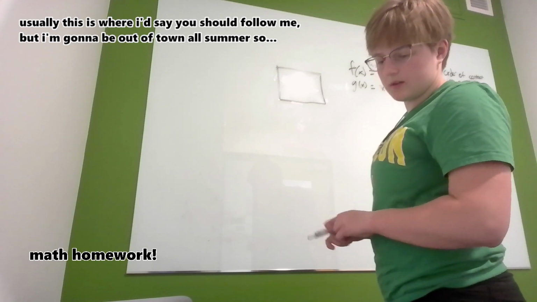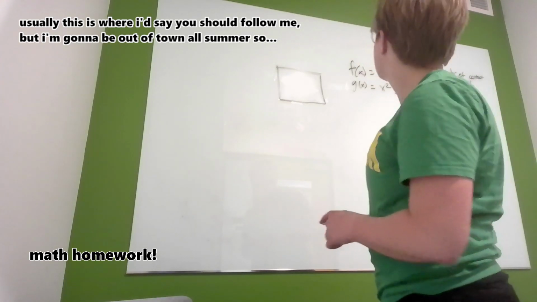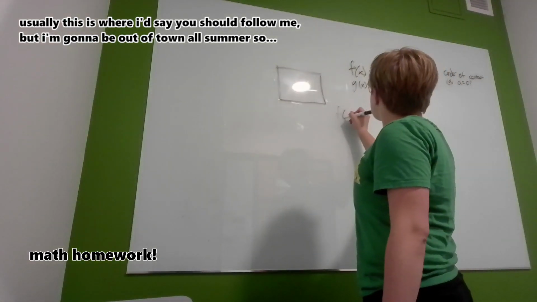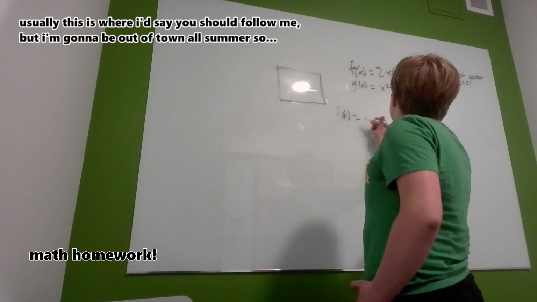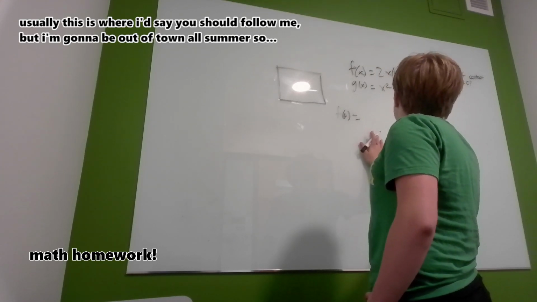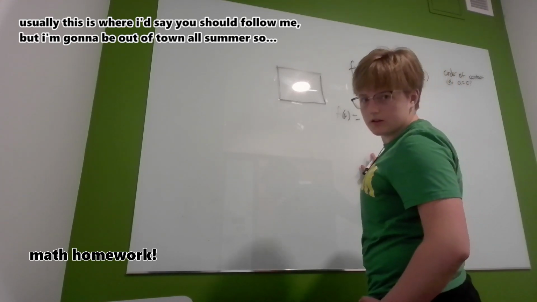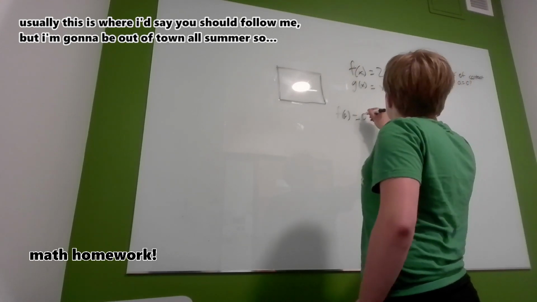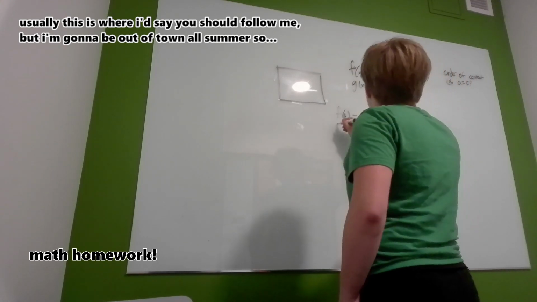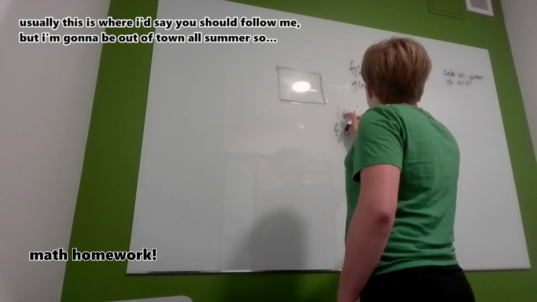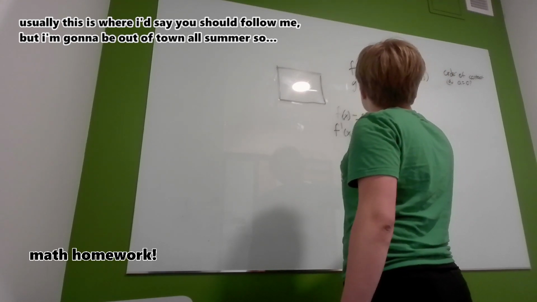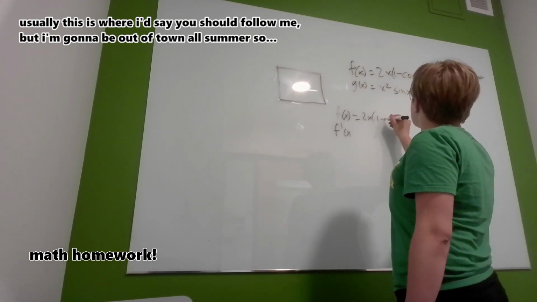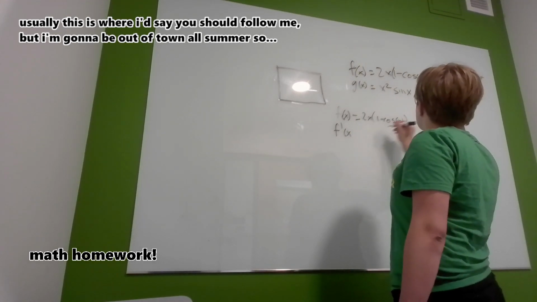So we just start doing the derivatives. f of 0 is 0. f prime of x: I'll just start with 2x times 1 minus cos x.